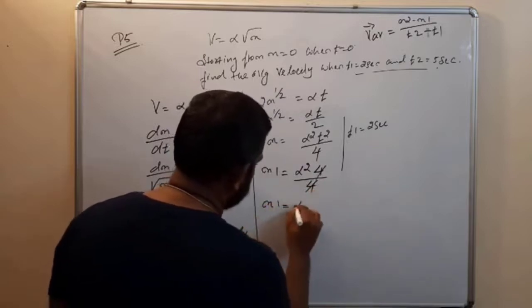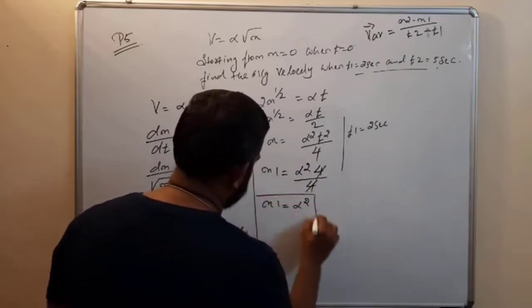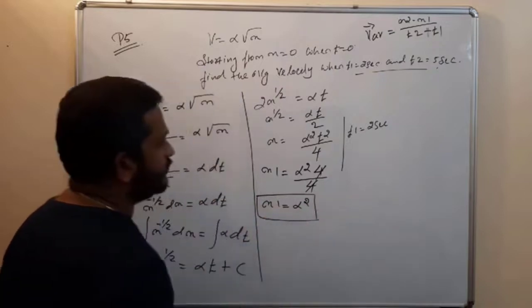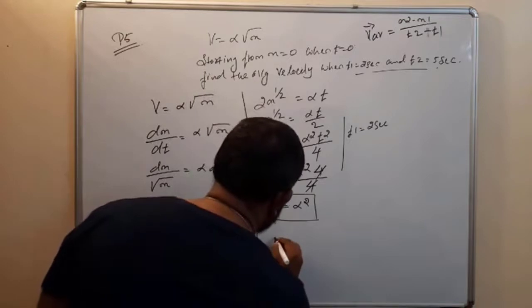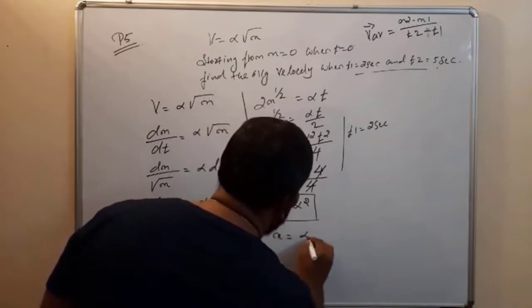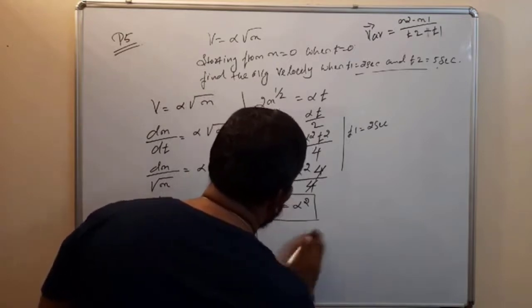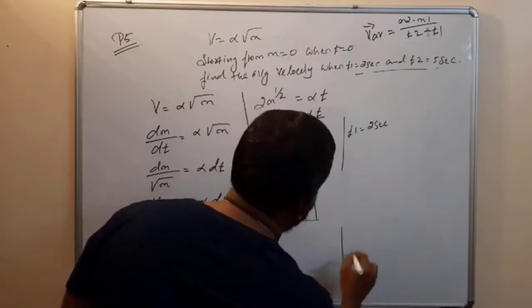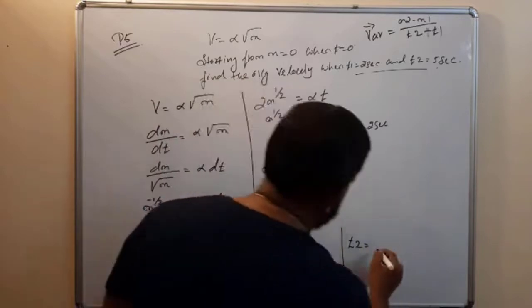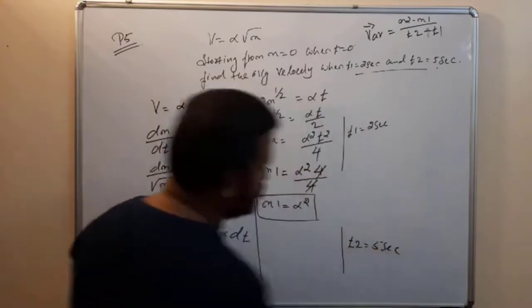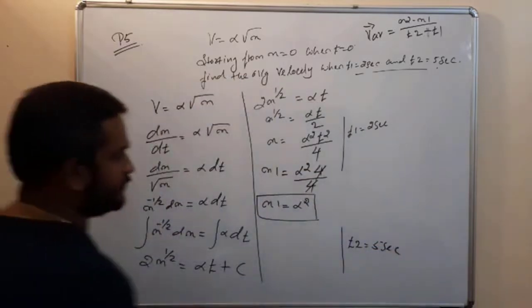So x1 is equal to alpha square. Next case, time t2 is equal to 5 seconds.